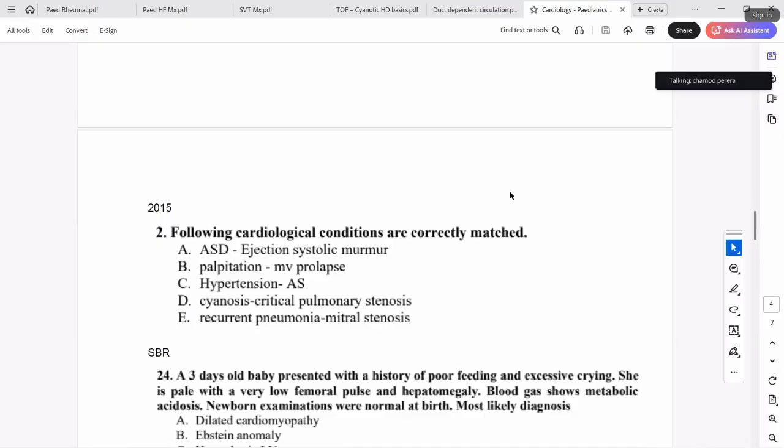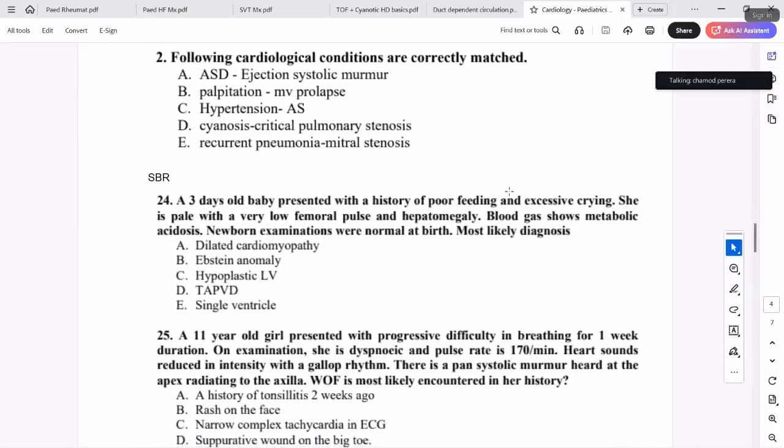Recurrent pneumonia with mitral stenosis: even though they don't get heart failure with mitral stenosis, they tend to get pulmonary edema because the blood tends to collect more in the lungs, as the pulmonary drainage is obstructed. So they can get recurrent pneumonia in mitral stenosis, but they don't get heart failure because the left ventricular volumes are maintained at the normal level, right?